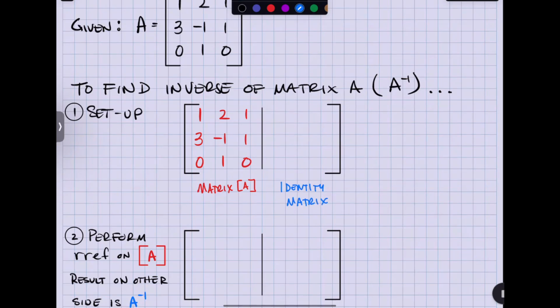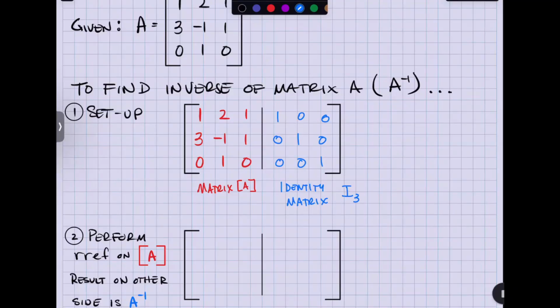You're like, what's an identity matrix? So we call this I sub 3, meaning we know that this is a 3 by 3. So the identity matrix is going to be a 3 by 3 identity matrix. That's all that sub 3 means. It means the major diagonal is going to be 1s, and everything else is going to be 0s.